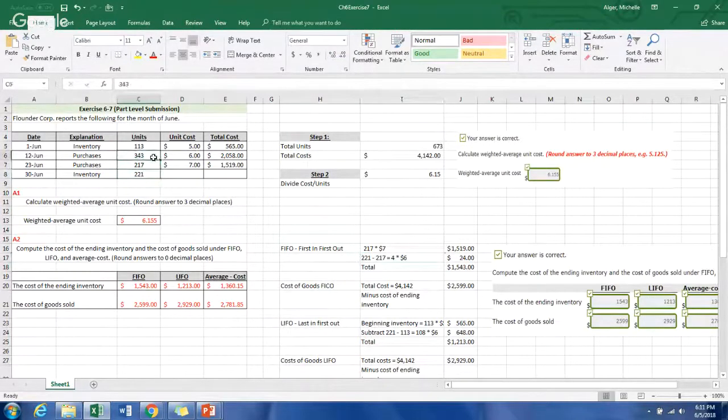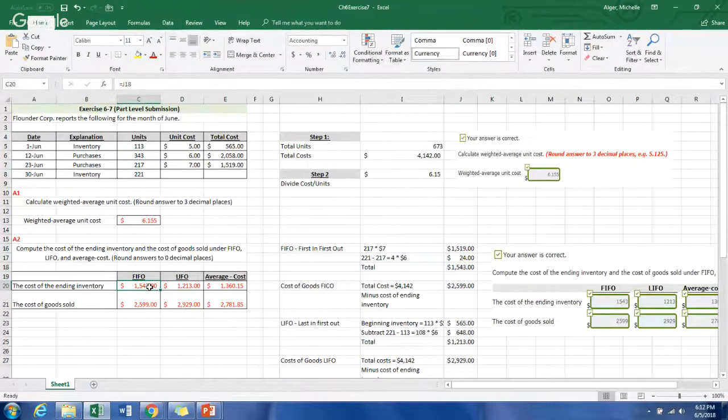So I minused 217 from 221, which gave me 4 remaining, and you times that by $6. So then you take your two costs, your 217 at $7 was $1,519. Your 4 at $6 was $24, and you take the total of the two and you come up with $1,543. So that would be the cost of your ending inventory.